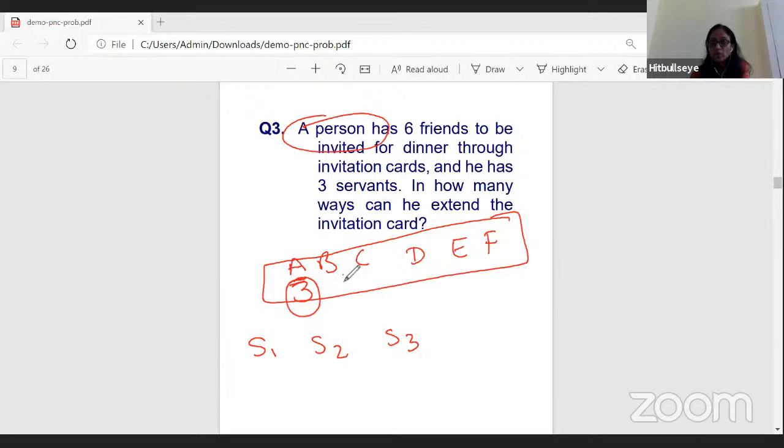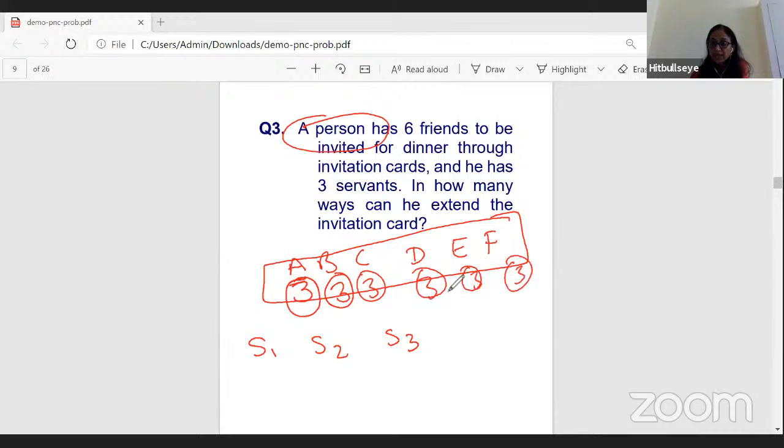Similarly, when I think of inviting B, again, I will have 3 options because nowhere does the question say that once a servant has invited a guest, he will not be free for inviting the other one. So I can wait for the first servant to come back, and he can again go to invite the next guest. So again, I have 3 options, 3 options, 3 options for all of them.